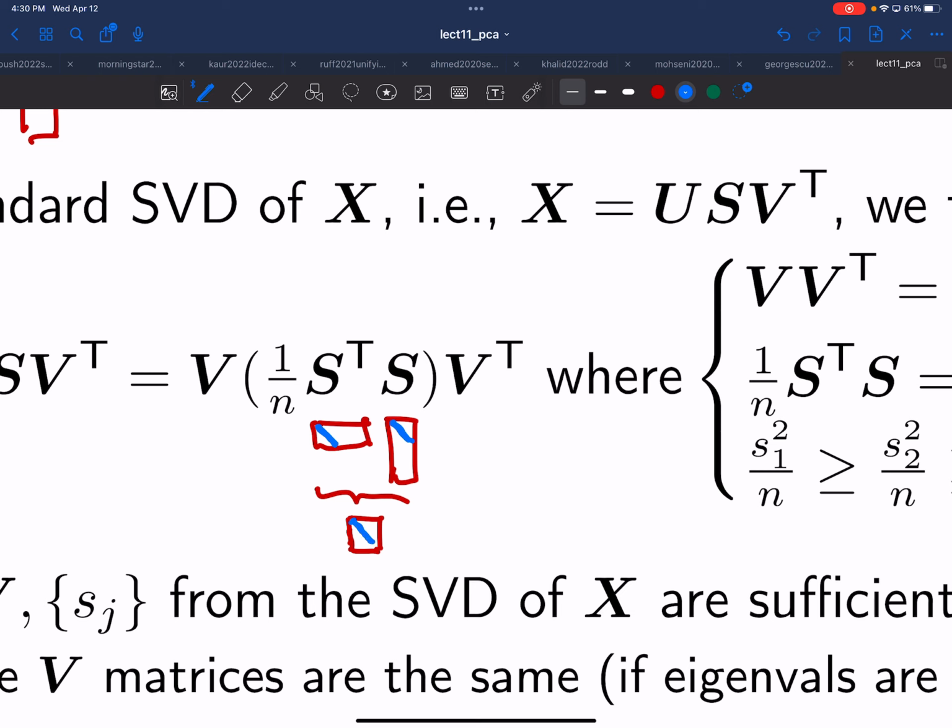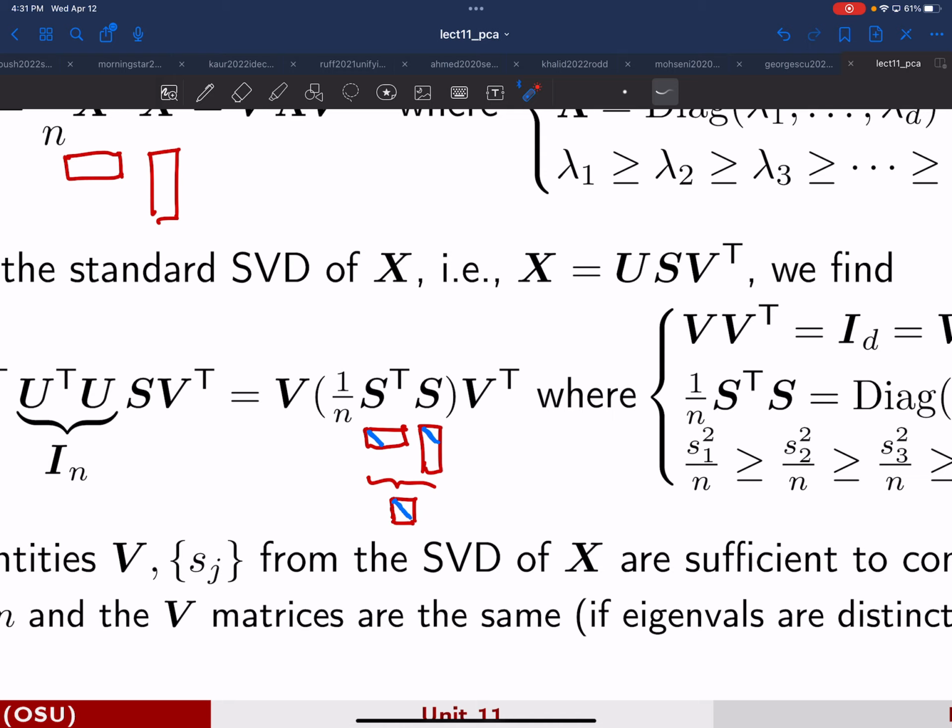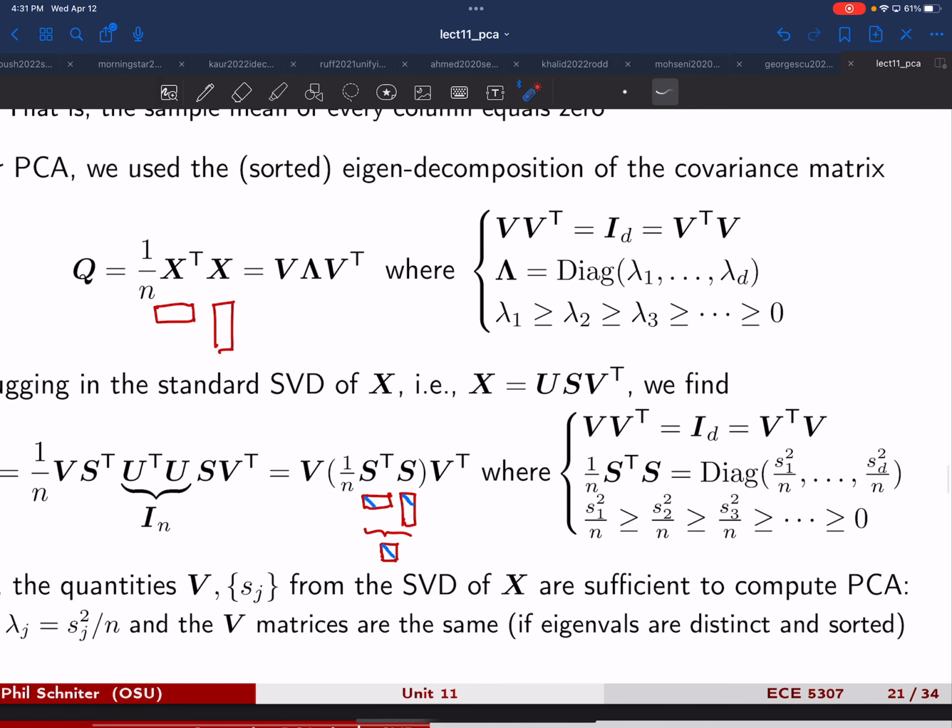It's possible, though very rare, to have some zeros down here, which would mean that there would be some correlation among your data samples, your X vectors. That's very rare, so let's just say the common case is that it's not going to happen. So this S matrix would be a diagonal matrix with positive entries everywhere. Moreover, these entries are sorted. The SVD always sorts the entries.